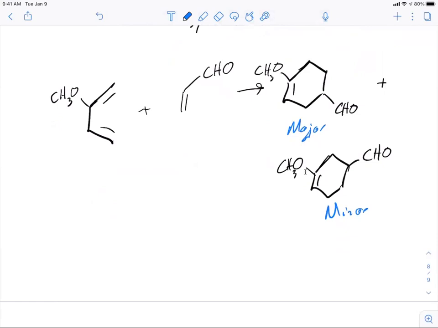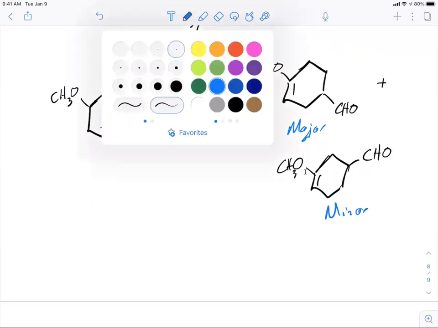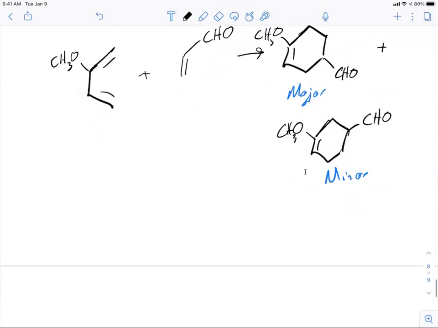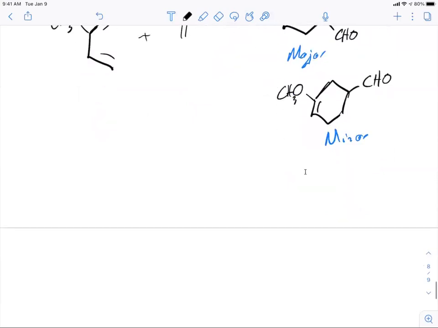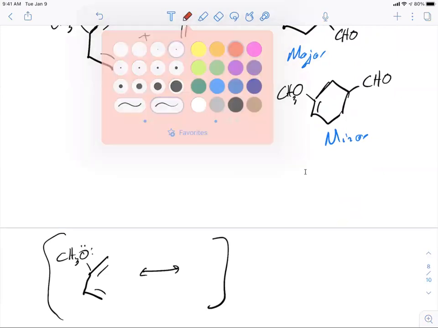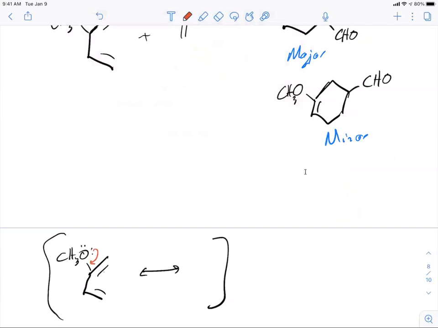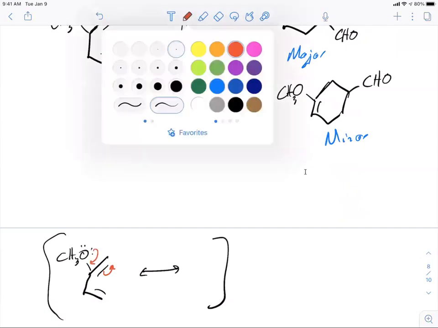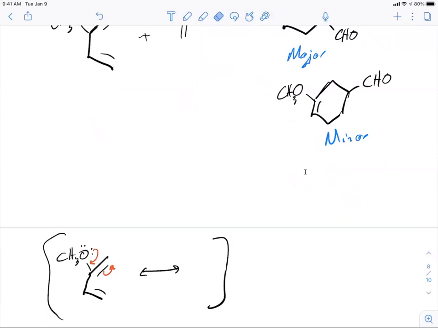The reason for that is the electronics of our resonance structures. So if we think about this species, right, we've got lone pairs here, and we could actually draw those lone pairs coming into that pi system, right? So we could draw this going here, that going there, and that's going to give us, oops, didn't give myself enough room.